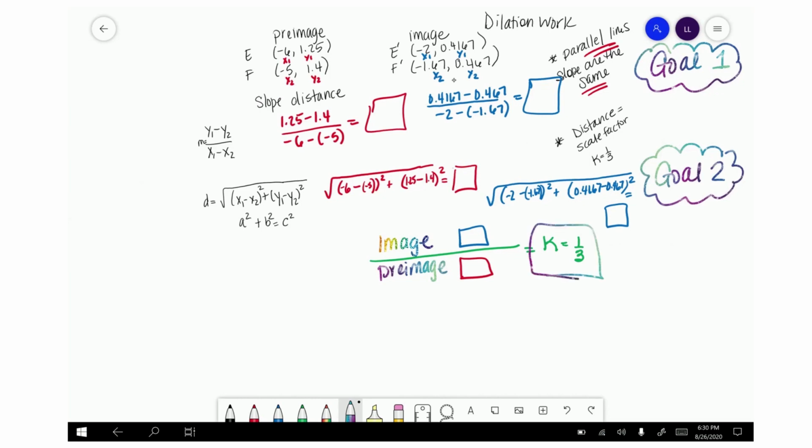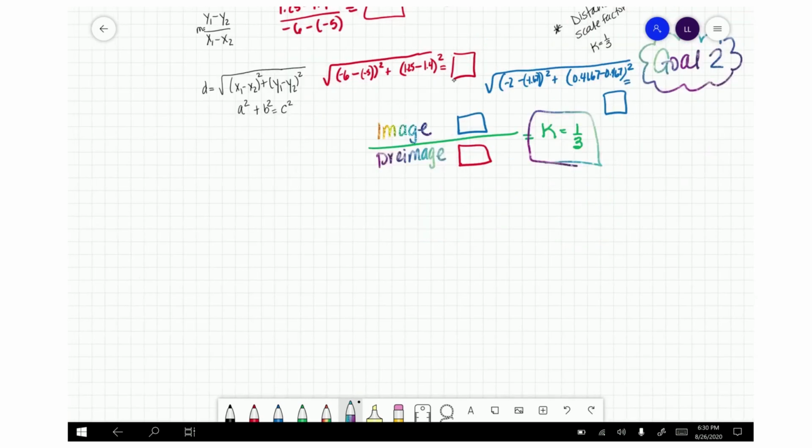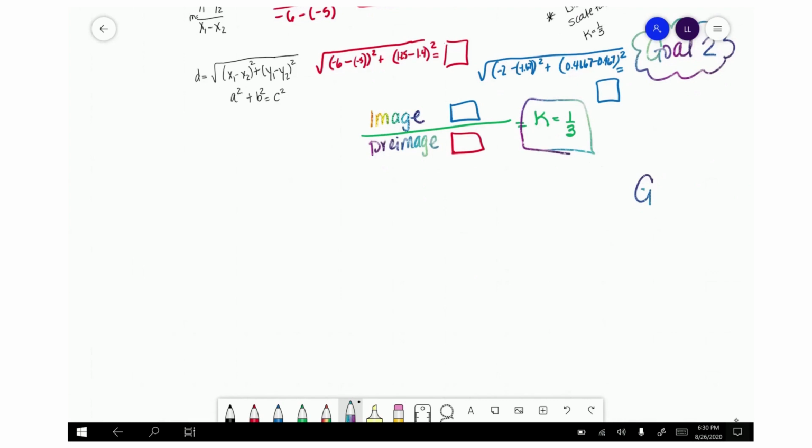Okay. And remember, I didn't give you the answers. You need to do that yourself. And then now we're on to goal 3, where we're going to prove that the distance from the pre-image to the center and the distance from the image to the center are the same scale factor here.